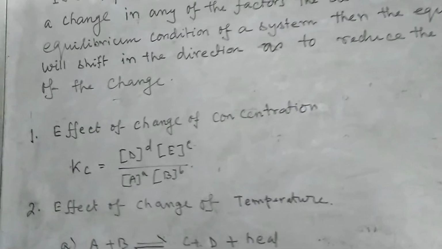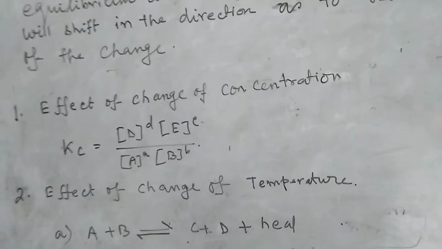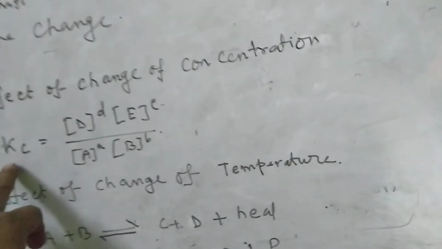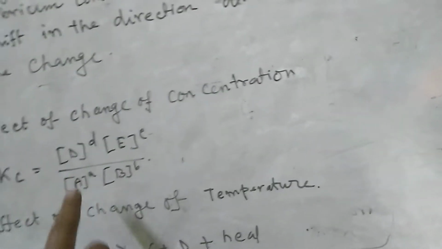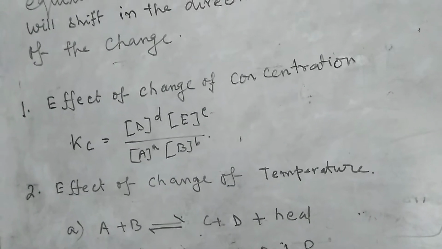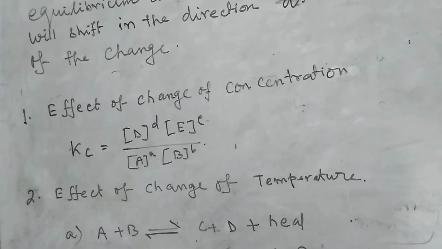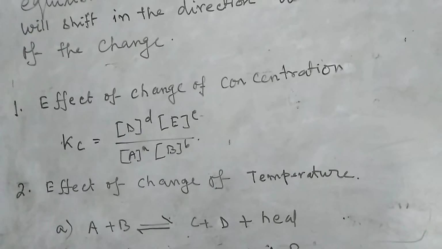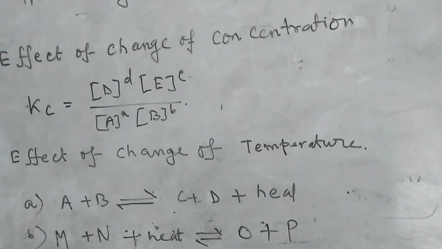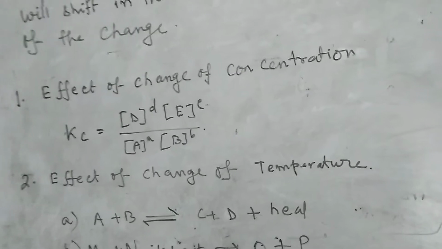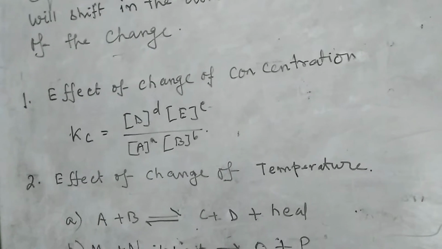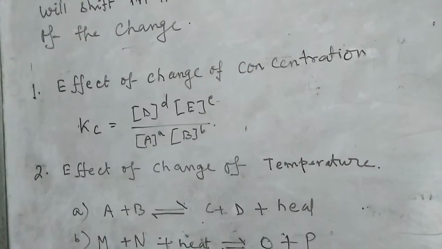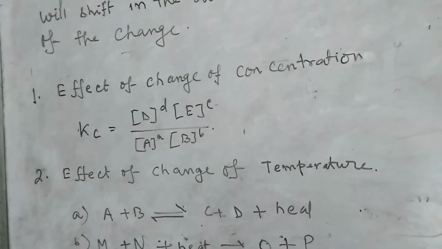First, we are going to explain the effect of change in concentration. Suppose we take the previous reaction, where Kc is written as concentration of D to the power d, concentration of E to the power e, divided by concentration of A to the power a and concentration of B to the power b. Now in this reaction, if we increase the concentration of A and B, what will happen?